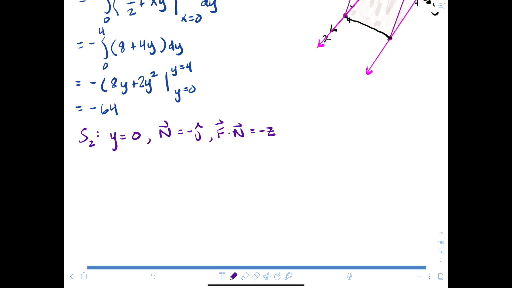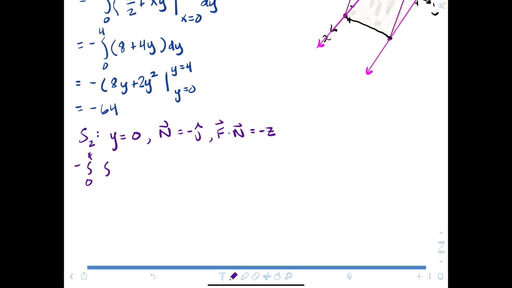So this one will be the integral, again, we'll have a negative from that negative j, or from the negative dot product. We're going from 0 to 4 for x, okay?